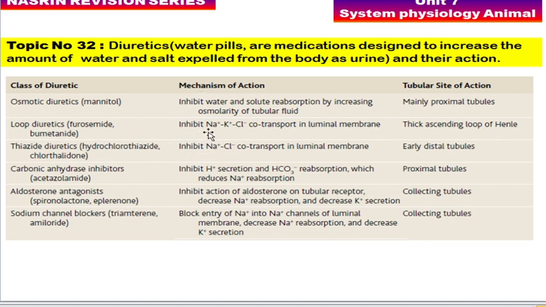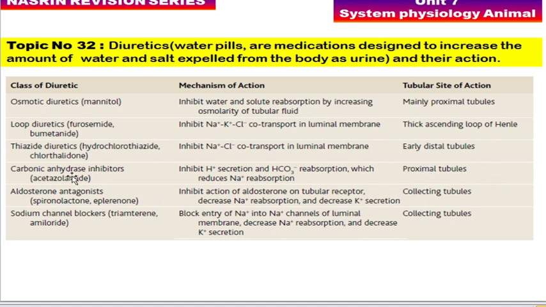Here the loop diuretic inhibits the sodium potassium chloride co-transport, whereas the thiazide diuretic inhibits the sodium chloride co-transport in the luminal membrane, and they generally act on the distal tubule, whereas aldosterone antagonists and sodium channel blockers act on the collecting duct. The osmotic diuretic and carbonic anhydrase inhibitor act on the proximal tubule.